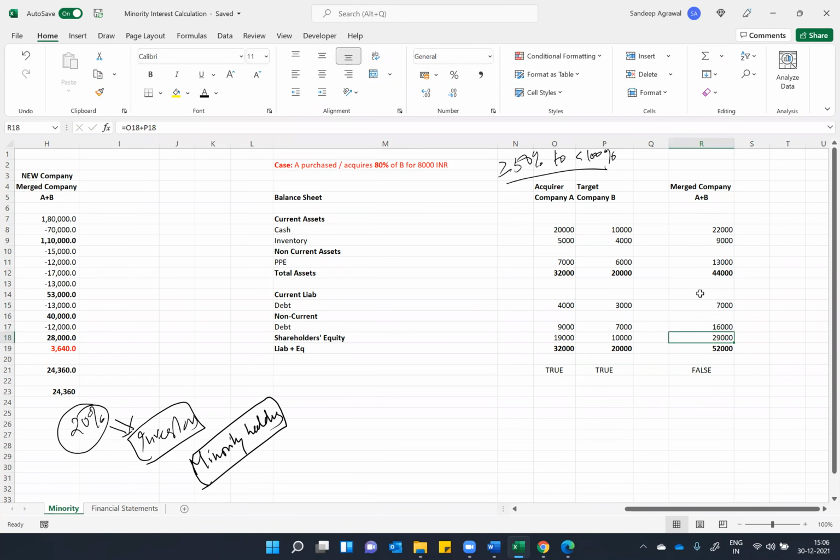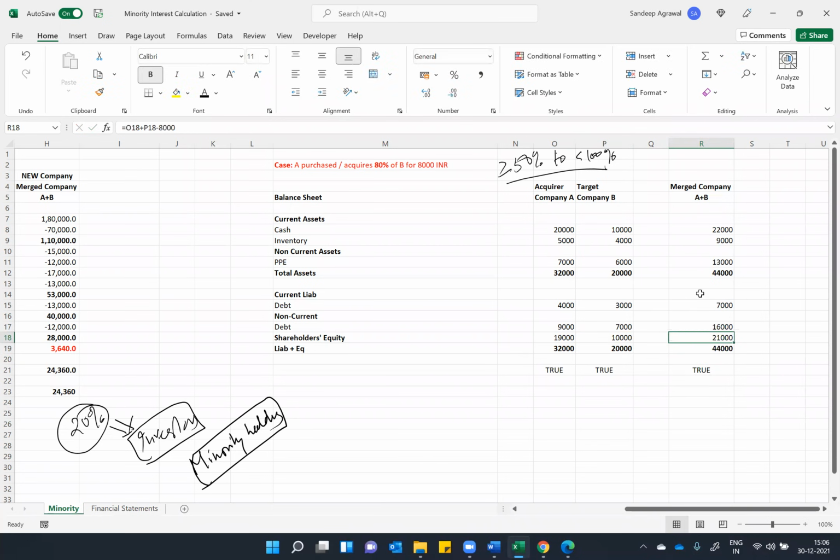So what will happen to the liability side? Since you have acquired 80% of company B, this shareholder equity will reduce by 8,000 because this will cease to exist. Something of that sort will happen, and that will match your balance sheet.